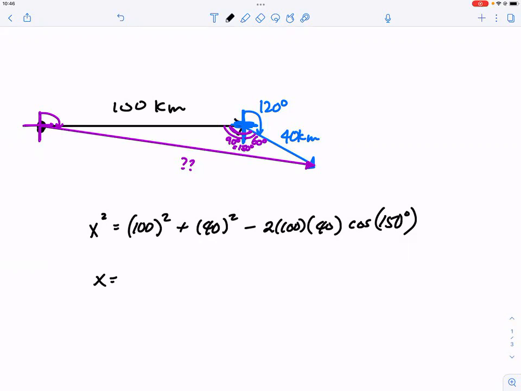So I get x equals 136.118 kilometers. Okay. So which would make sense because you're going 100 kilometers to the right, and then 40 kilometers is going down. So yeah, somewhere right there, 136.